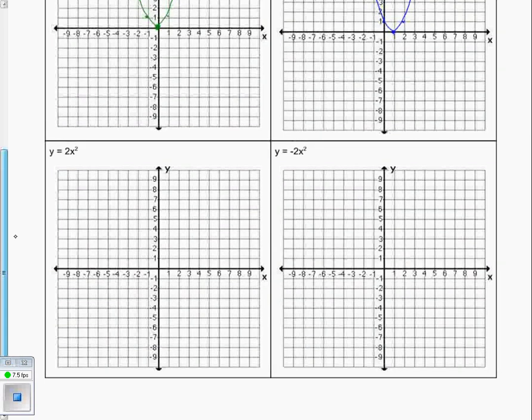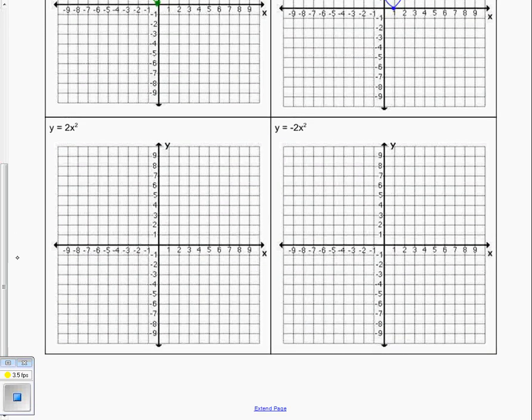If we look at the next example, here we've got y is equal to 2x squared. Okay, so again, if we look at the a value is positive 2, the h value is 0, and the k value is 0. So we know that this particular parabola is going to still have a vertex of 0, 0. Okay, it's not shifted to the right or to the left because the h value is 0, and it's not shifted up or down because the k value is 0.